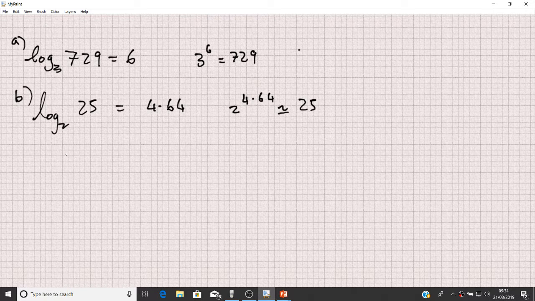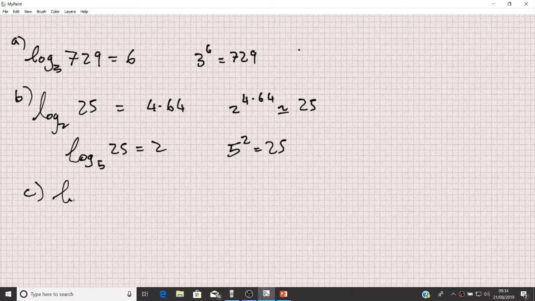I think that problem should really have been log base 5 of 25 equals 2, and 5 squared. 5 squared is indeed 25, and so on. So we can look at the next example.